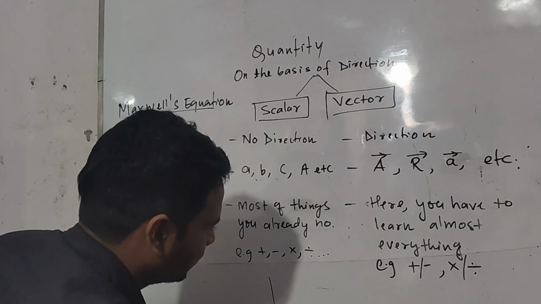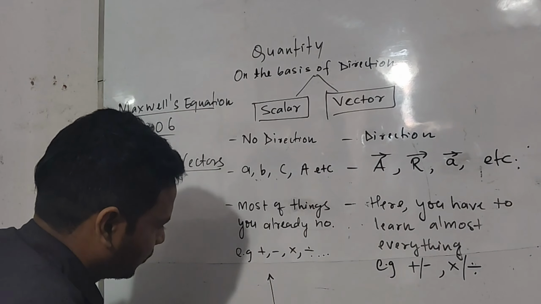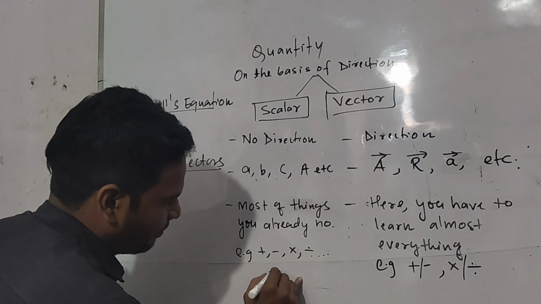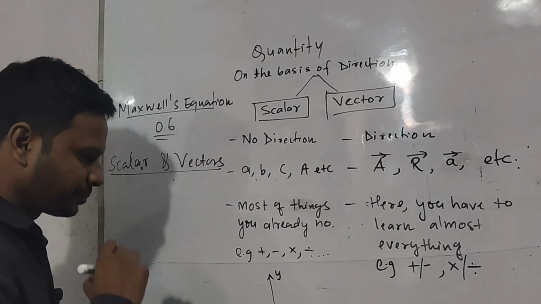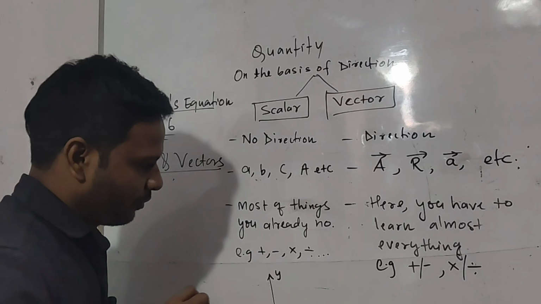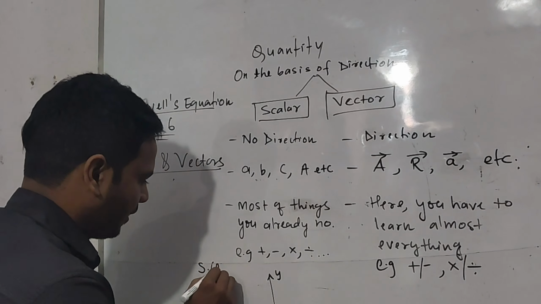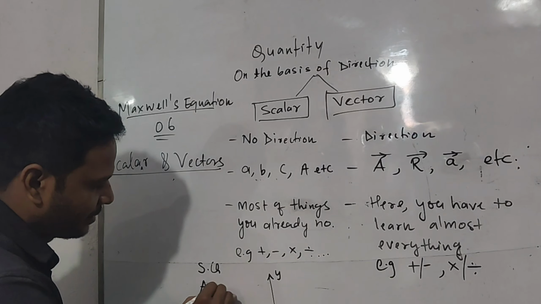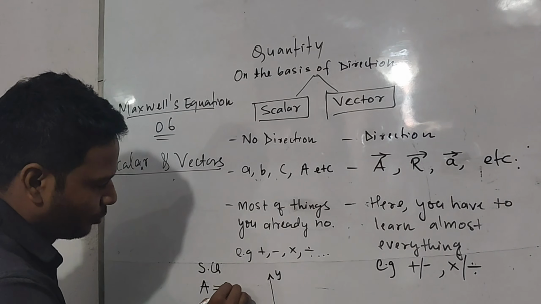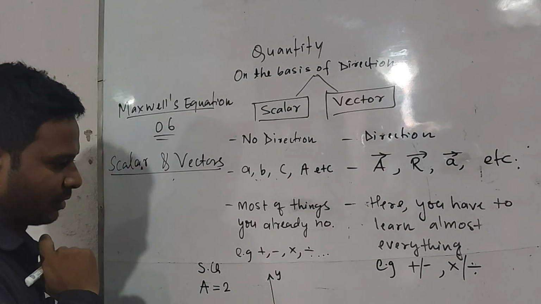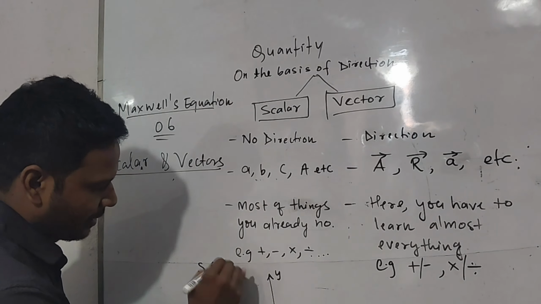Suppose this is a plane, the conventional xy plane. If I say A, a scalar quantity, has magnitude 2 in the direction of x. For the direction of x, we use the symbol i cap.